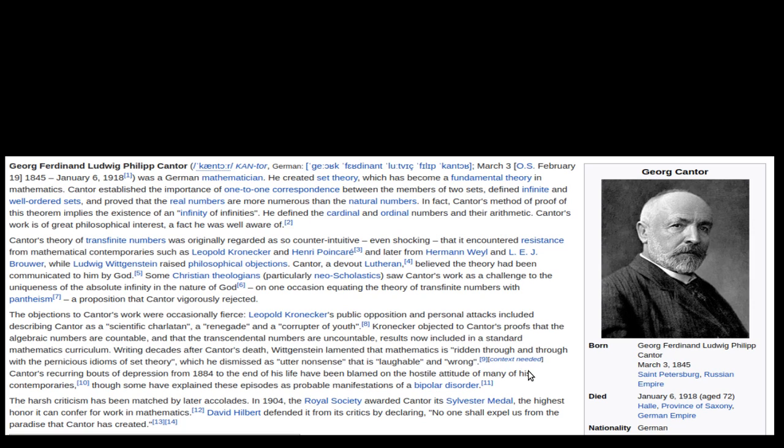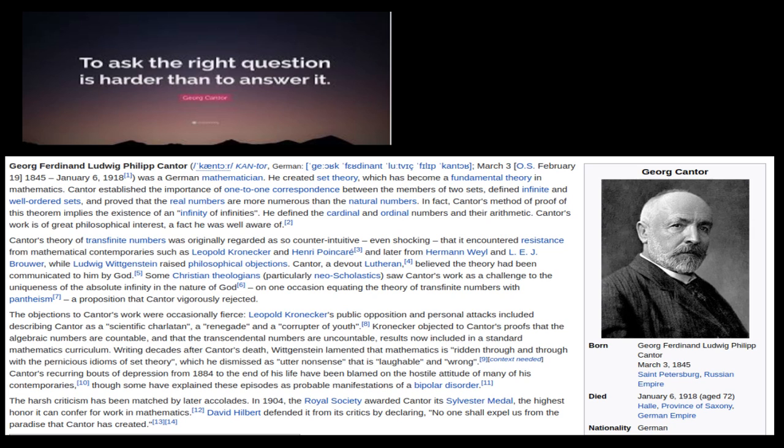He worked as a professor in Halle University, Germany. One of his famous theories was about infinity of infinities. Dear children, once George Cantor said that to ask the right question is harder than to answer it. So keep this in your mind and practice it in your life.